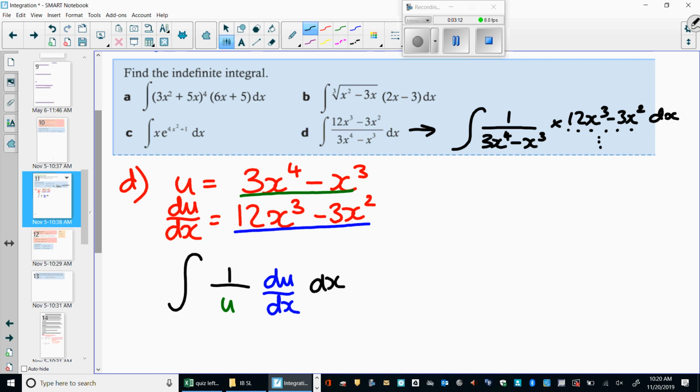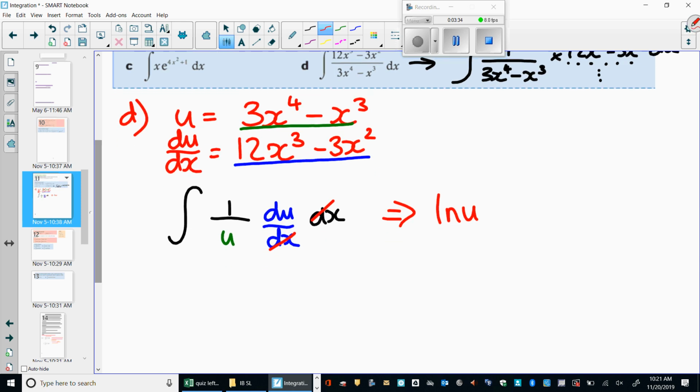So we're just integrating 1 over u with respect to u, and that gives us ln u, plus c. But then obviously we're replacing this bad boy, so that's ln of 3x to the 4 minus x cubed, plus c.